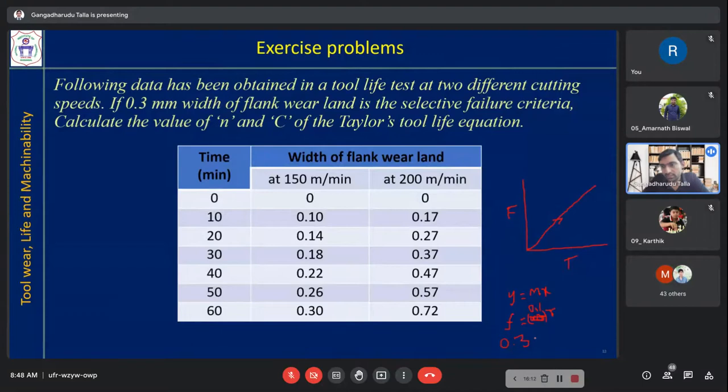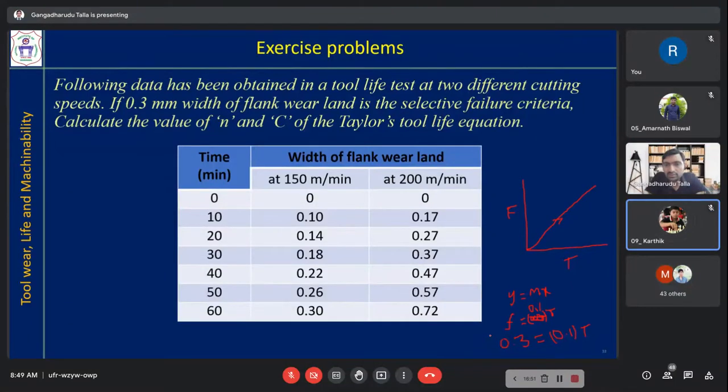So if F is 0.3, F is the flank wear land, so it is 0.1 into T. Now what is T? What is the corresponding T value? 3 we are getting?